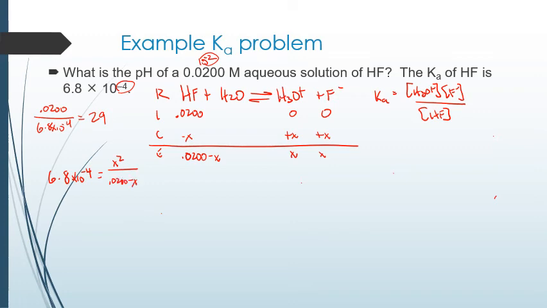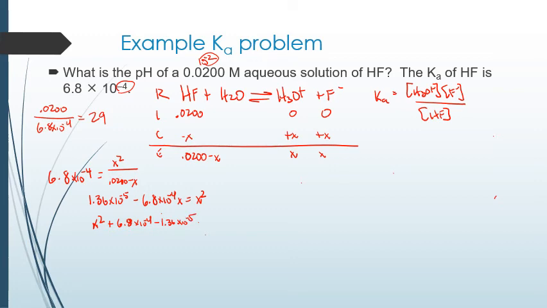So I need to FOIL everything out, and when I do that, I get 1.36 times 10 to the negative 5th minus 6.8 times 10 to the negative 4th x equals x squared. So when I put everything together on the same side, I have x squared plus 6.8 times 10 to the negative 4th x minus 1.36 times 10 to the negative 5th.